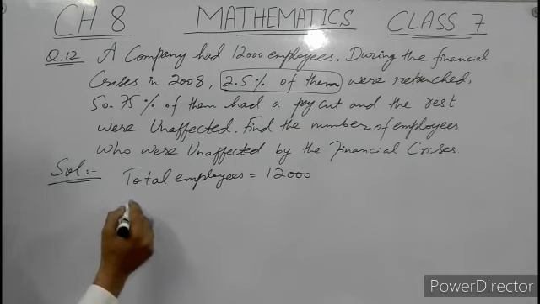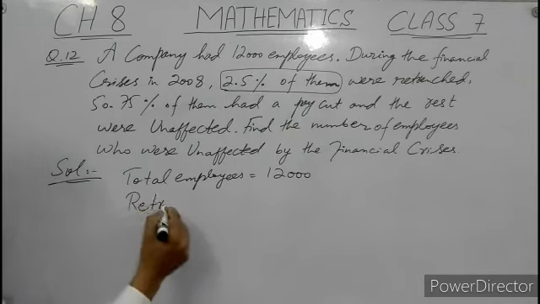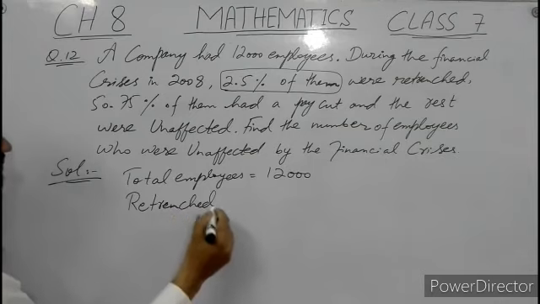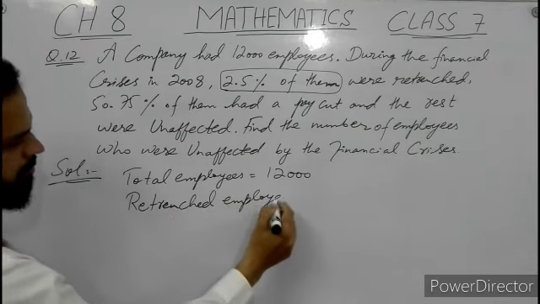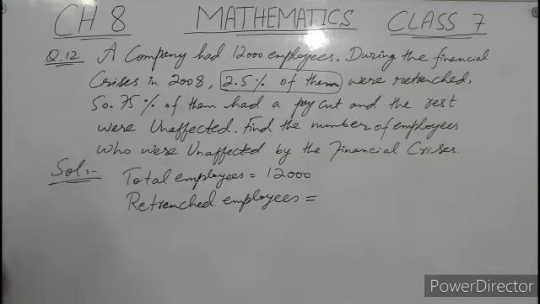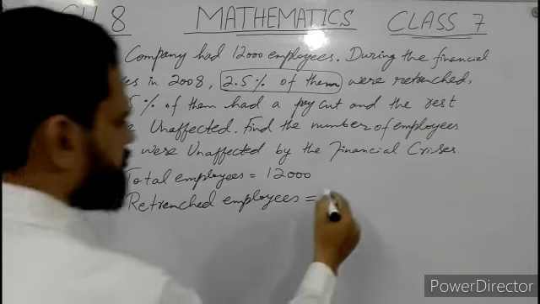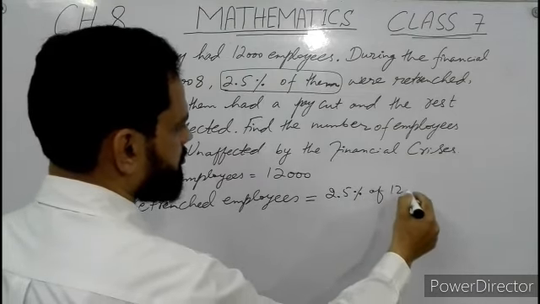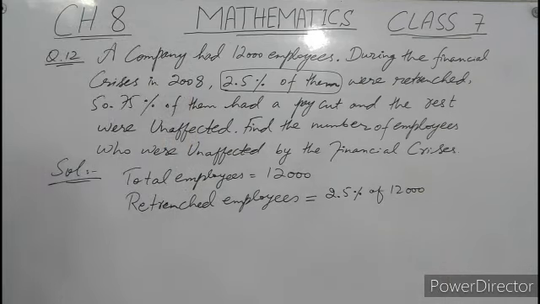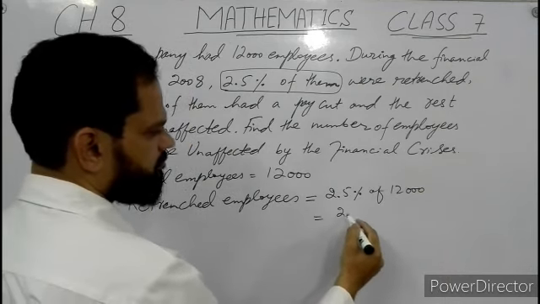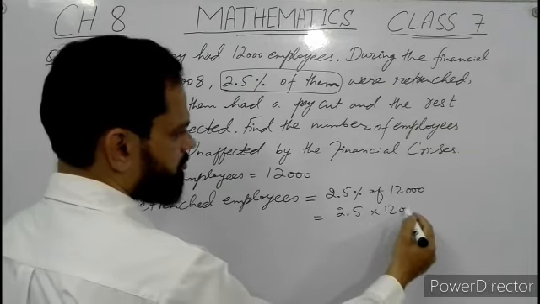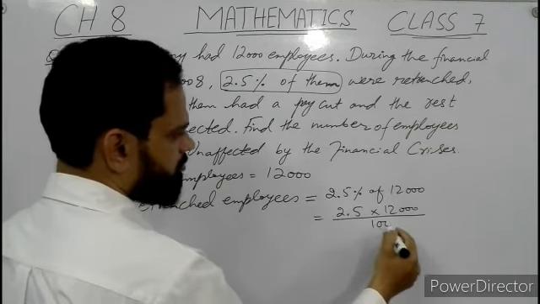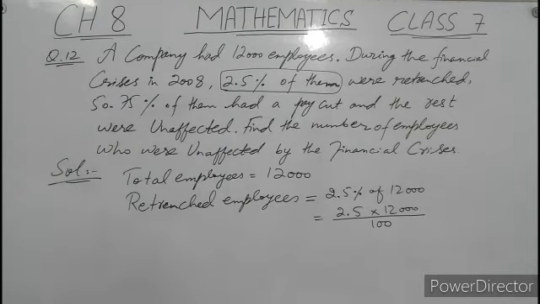So, retrenched employees, now by simplifying, we will get 300.